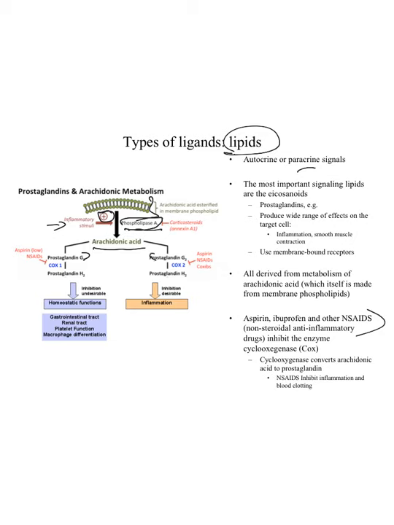And other enzymes, these COX enzymes, will convert one type of prostaglandin into another type of prostaglandin. There's 2 types of these COX enzymes, COX-1 and COX-2. Okay? And what happens with COX-2 production of prostaglandin H2 is we get even more inflammation.